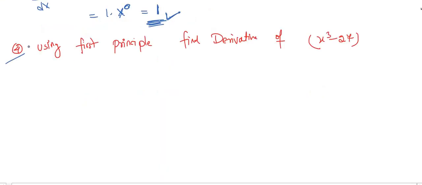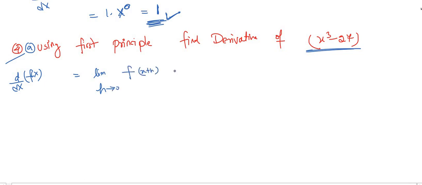Next question. Here is the fourth question. Part A, we have to find the derivative of x cube minus 27 using first principle. By first principle, d by dx of any function is what? Limit h tending to 0, f of x plus h minus f of x by h.